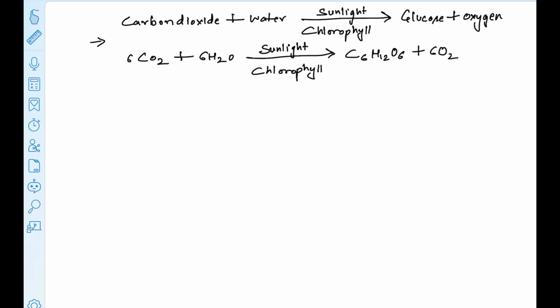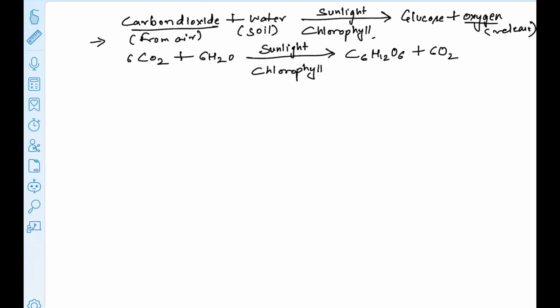So this is the equation of photosynthesis. Here you can see plants take carbon dioxide from air and water from soil. So, with the help of sunlight and chlorophyll, plants make their food in the form of glucose and they release oxygen.